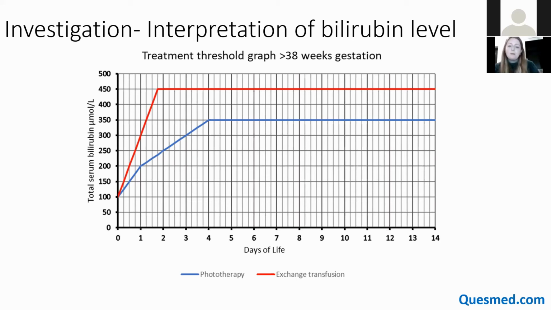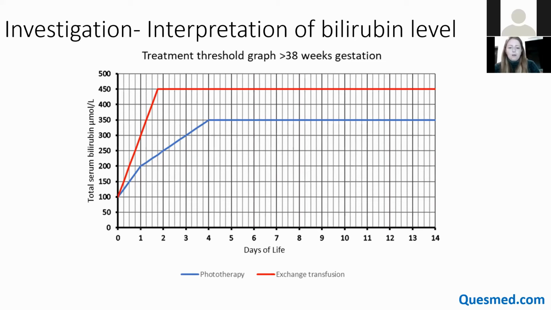It's really important to remember that these graphs vary depending on the week's gestation. So you have to make sure that you've got the right weeks gestation graph before you try and interpret it. And also remember that you're looking at the total serum bilirubin level rather than the split. So don't look at the unconjugated level, it's the total serum bilirubin level.